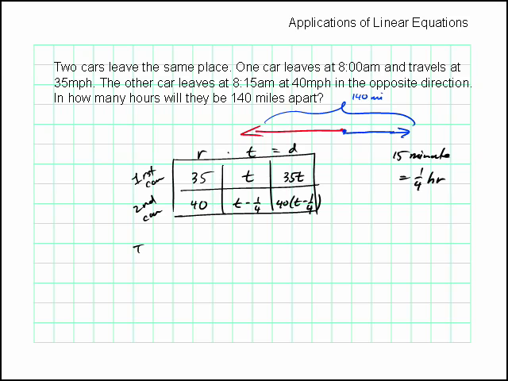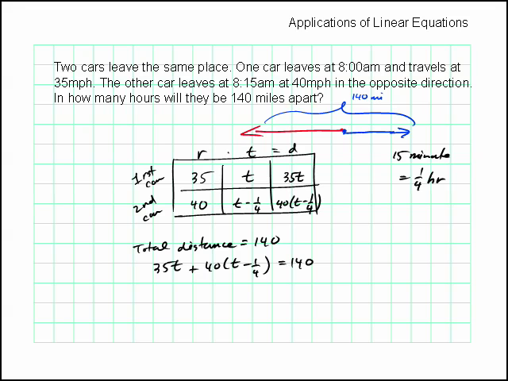Now the total distance is supposed to equal 140, so just like the last problem we did, 35t plus 40 times t minus 1/4 should add up to 140. That's the equation I want to solve.